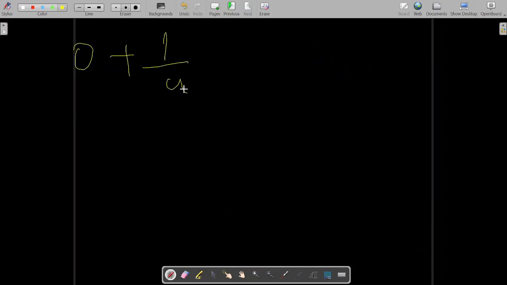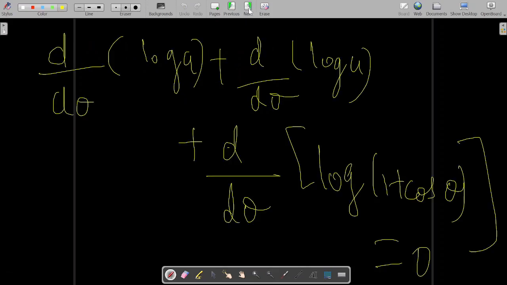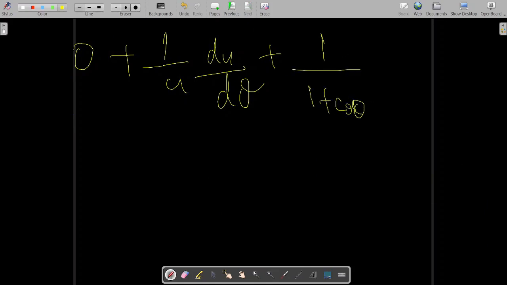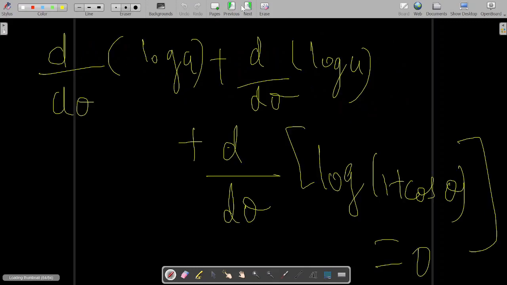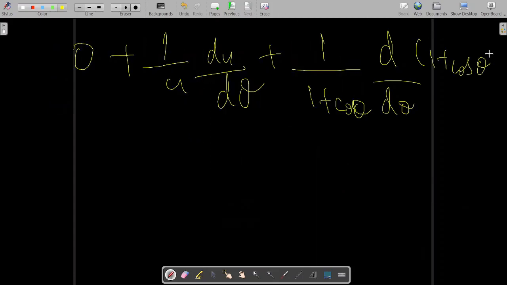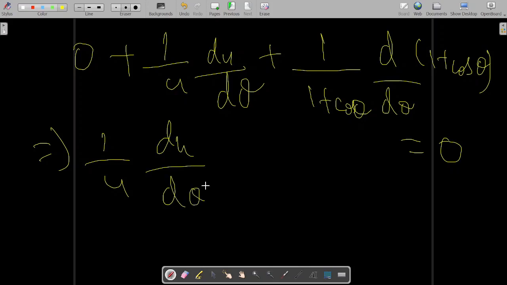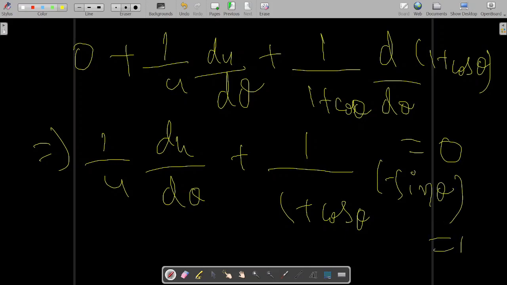The second term will be 1 over u du by d theta, plus 1 over 1 plus cos theta into the derivative of 1 plus cos theta, which will be minus sin theta. That is equal to 0.